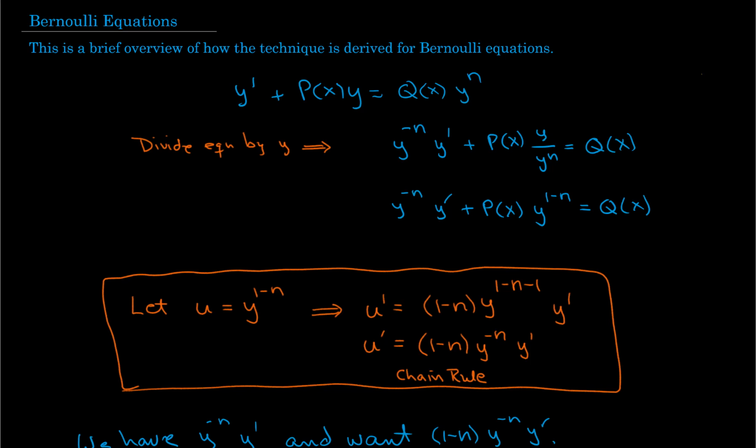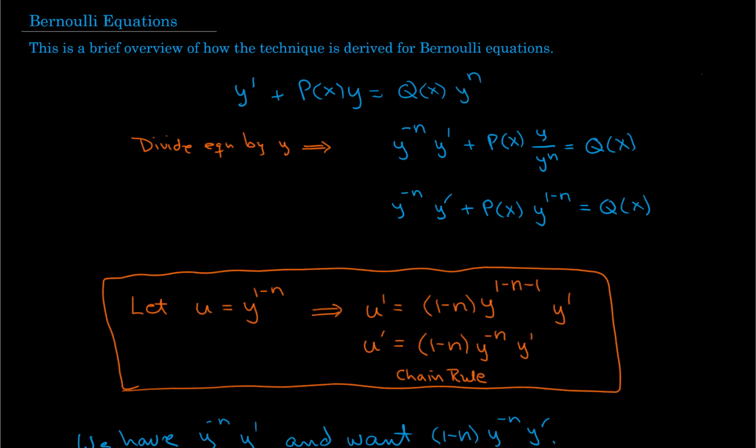On the left-hand side, you're going to have this y to the negative n y prime. But what I'm primarily interested in at this step right here is this y, no derivative involved, raised to the 1 minus n power. Notice this 1 minus n comes from the equation directly above it where you have y to the 1 divided by y to the n. Using your properties of exponents, that's equal to y to the 1 minus n.